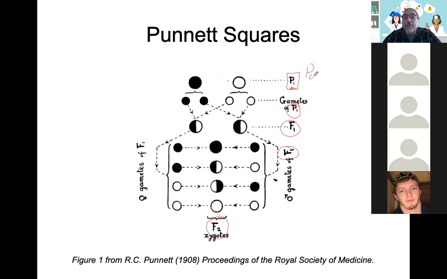P, of course, obviously can stand for parents, but also from a genetic sense, that's P, pure lines. And the reason we define pure lines is that here we've got a black and here we've got a white, and they are pure line.